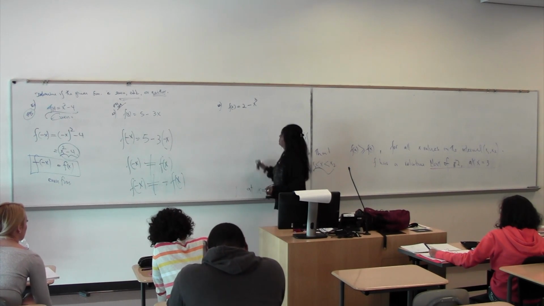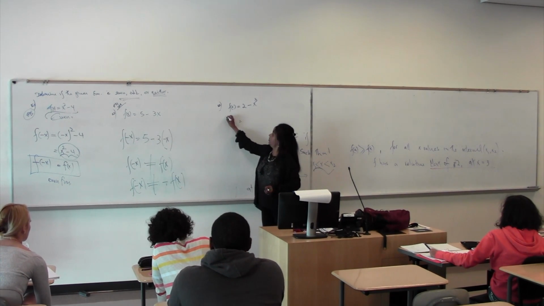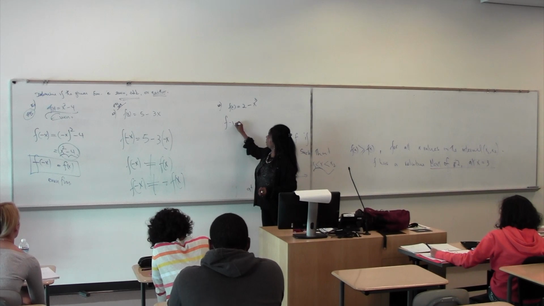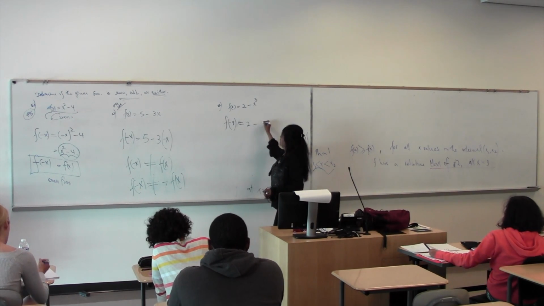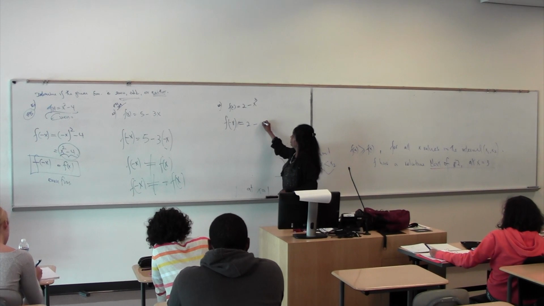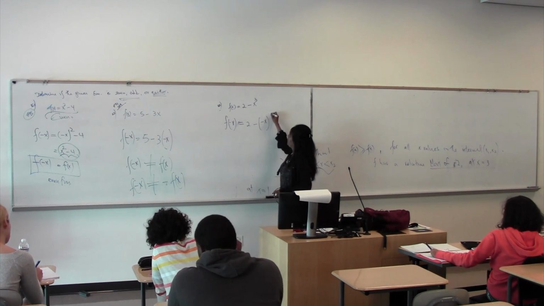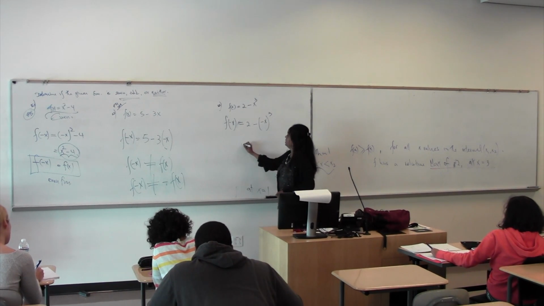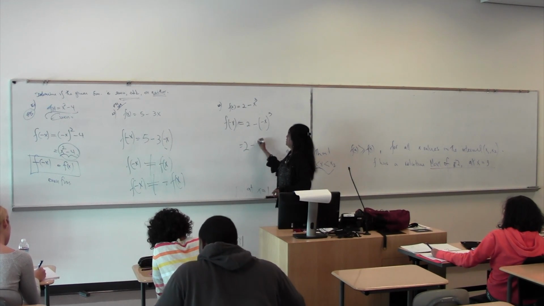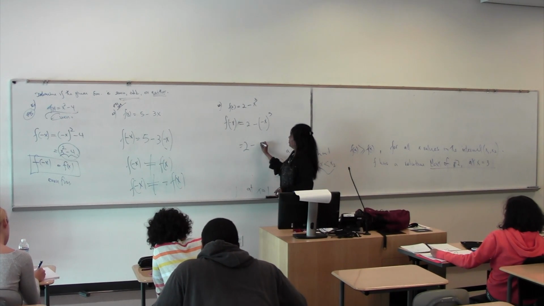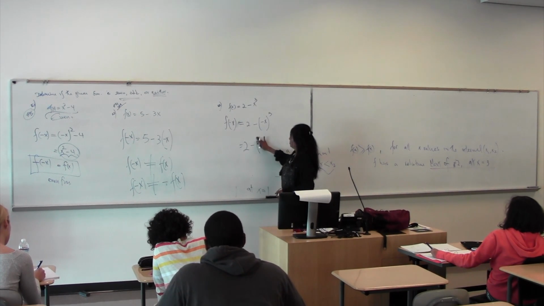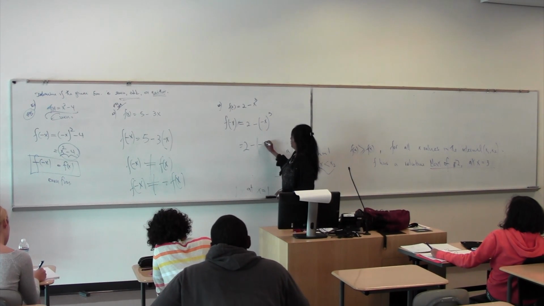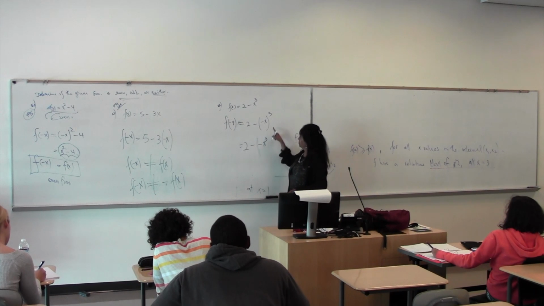So this one, what do you need to check? Always check for f of negative x. That's it. 2 minus negative x whole thing to the power 3. 2 minus, inside, negative x cubed, right?